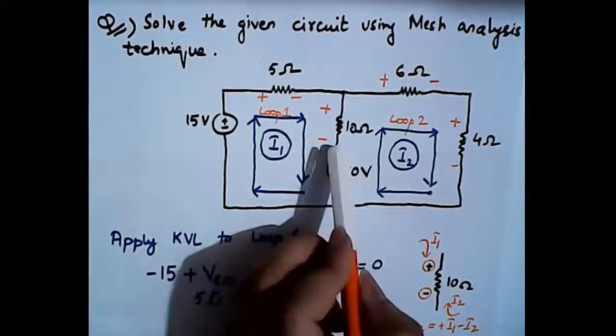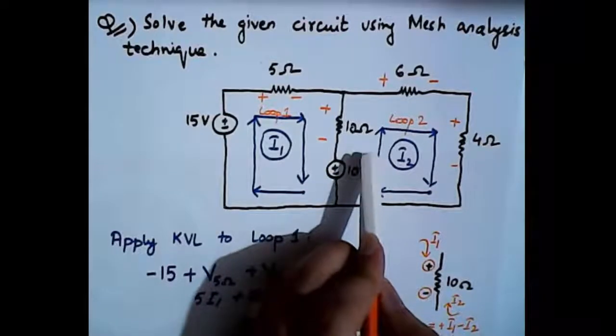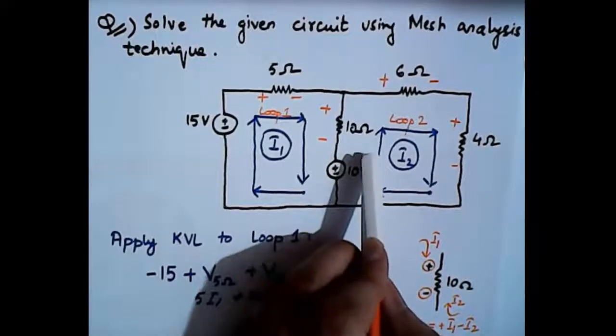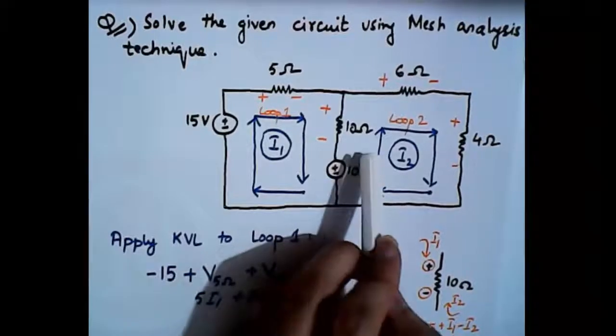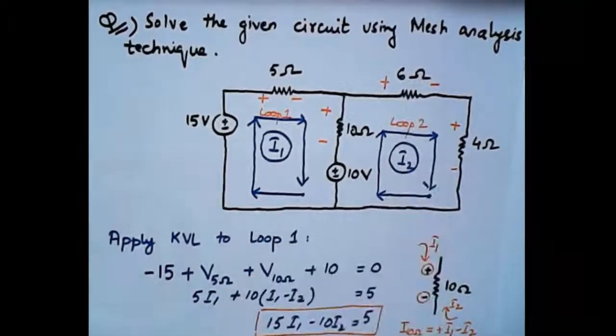Similarly, for the 10 ohm resistance, again the current is entering the negative terminal, so the sign of voltage will be minus V10 ohms plus V6 ohms plus V4 ohms, right?